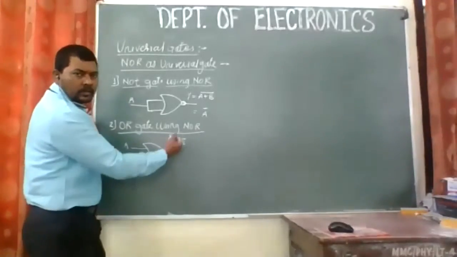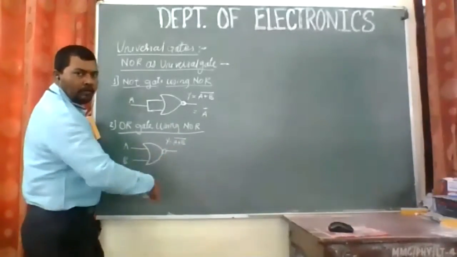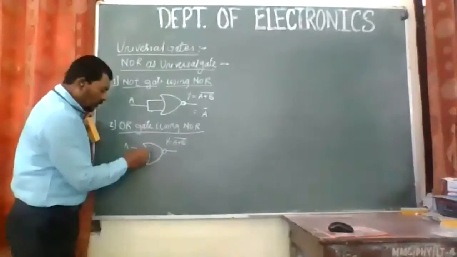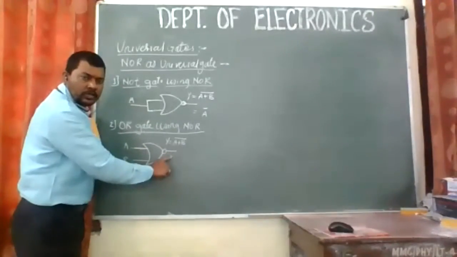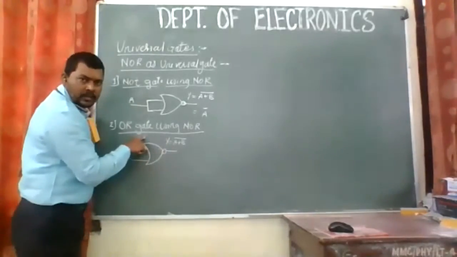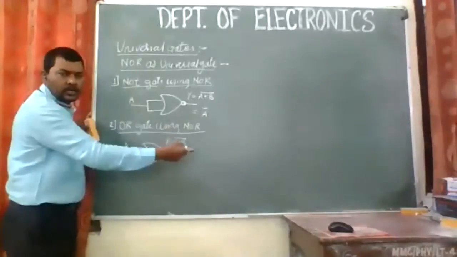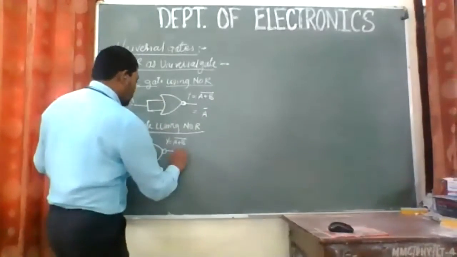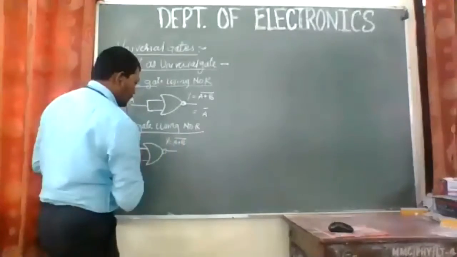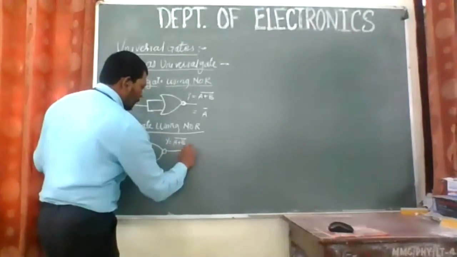If I give another NOT gate to this, I might get, acha, this is a combination of OR plus NOT. So it forms a NOR gate, right? If I add another NOT gate to it, then it will be reversed back.